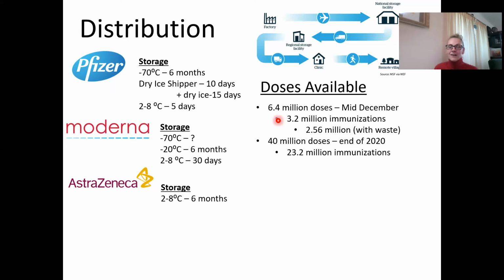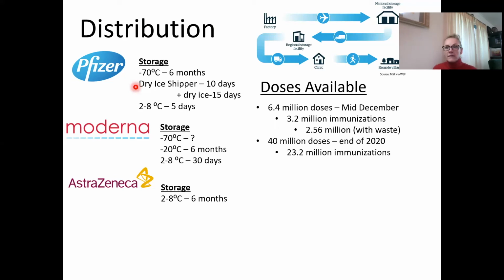One thing that we're not hearing a lot about in the public press is waste. So typically, people assume there's about a 20% waste in vaccinations. That could mean the truck ran out of gas or the dry ice shipper didn't work.